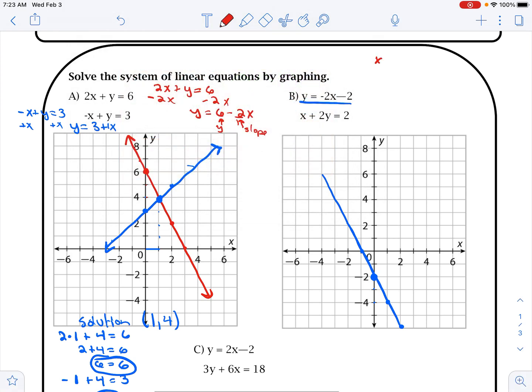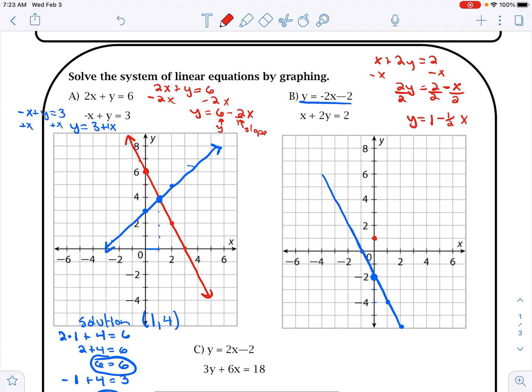Then I want to graph this other equation, x plus 2y equals 2. I want to solve for y. So I have 2y is equal to 2 minus x. Remember, we can't subtract 2 and an x. And then we divide by 2. So I have y is equal to 1 minus 1/2 x. I graph that point, 1.